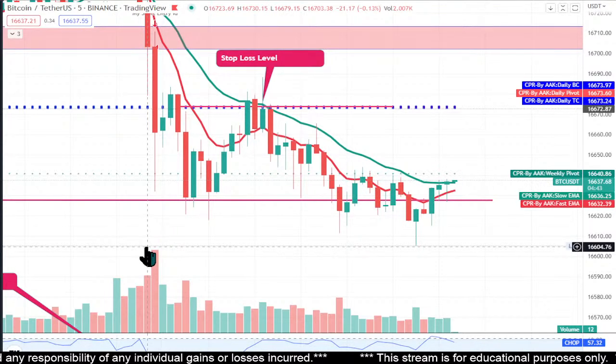It seems like again we are heading towards the weekly pivot to retest it. And if it retests and then it falls, then it should be a pretty fast fall.